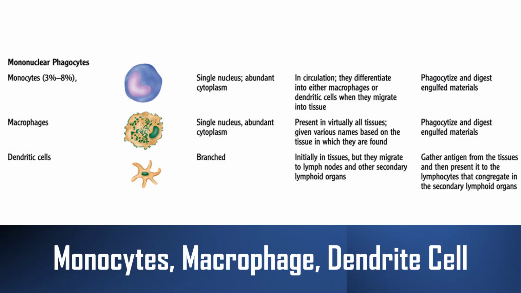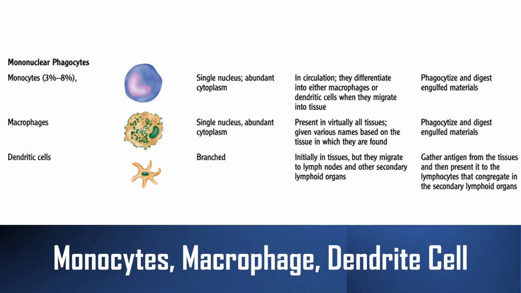Let's summarize mononuclear phagocytes of three types: monocytes, macrophages, and dendritic cells. Monocytes have a single nucleus and abundant cytoplasm. In circulation, they differentiate into either macrophages or dendritic cells when they migrate into tissue.